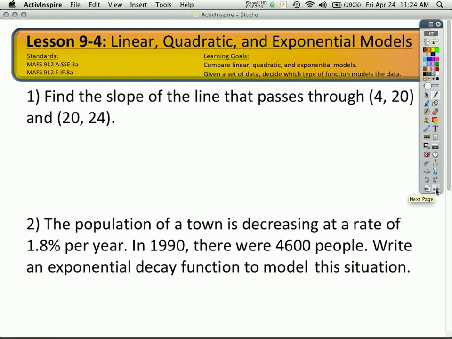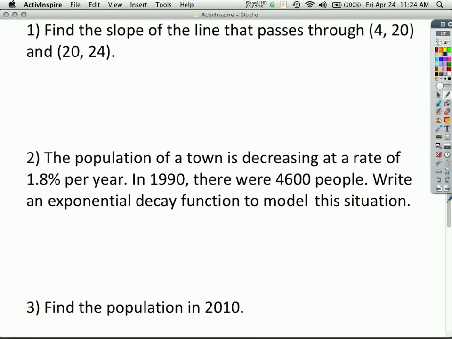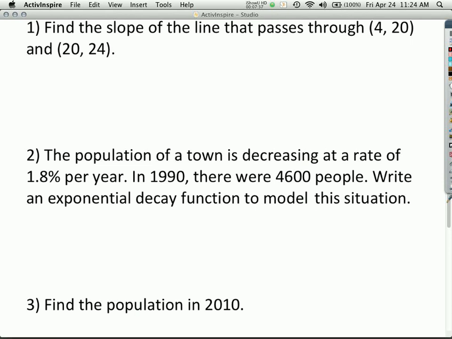Okay, so how do we get 1.8% into a decimal? It's the same way you turn any other percent into a decimal. You're moving the decimal over 2 spaces. And if you have an empty space, you fill in a 0. So 1.8% as a decimal is really 0.018. So the model is y equals a times 1 minus r to the t power.